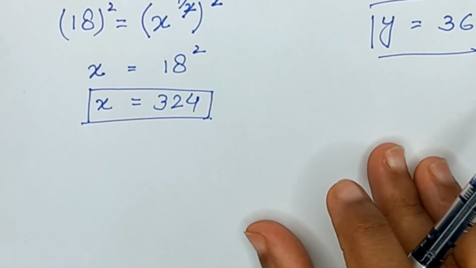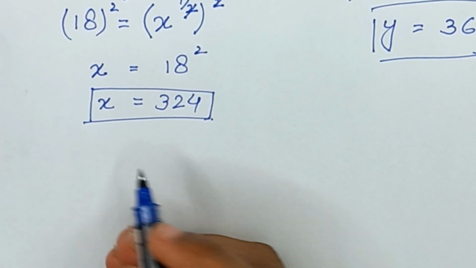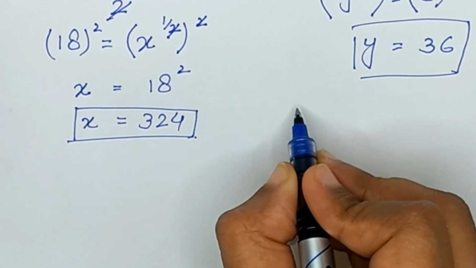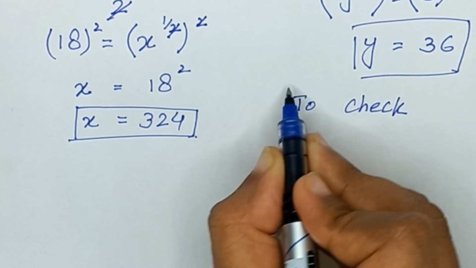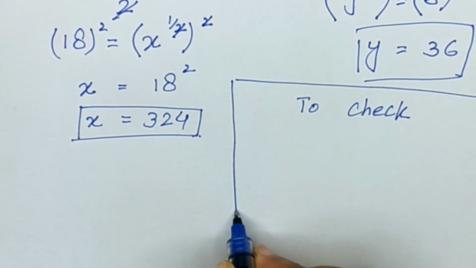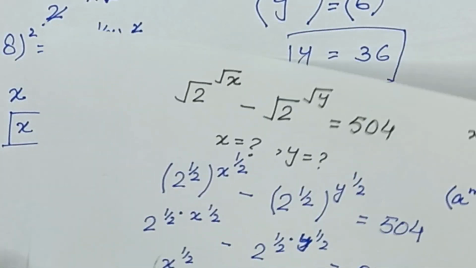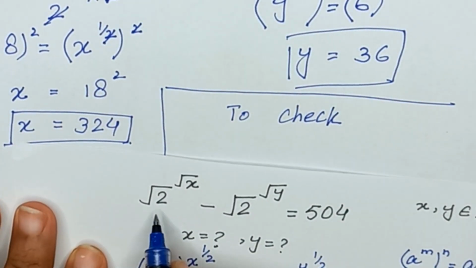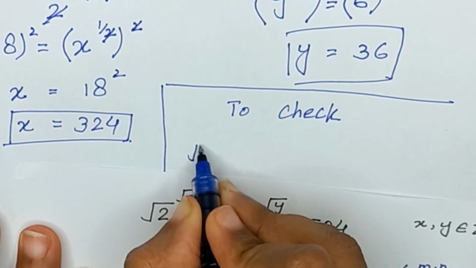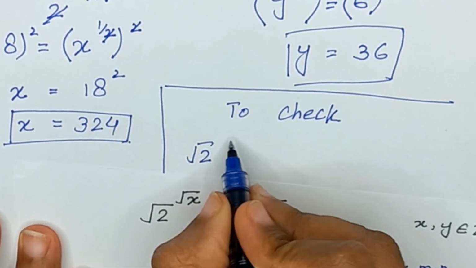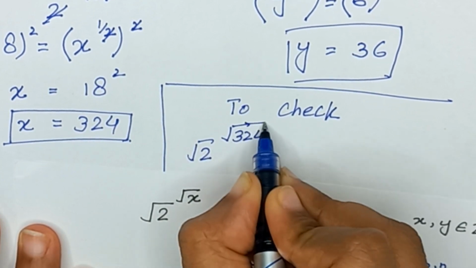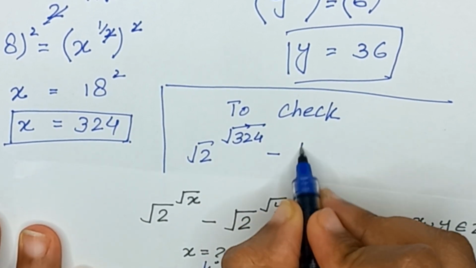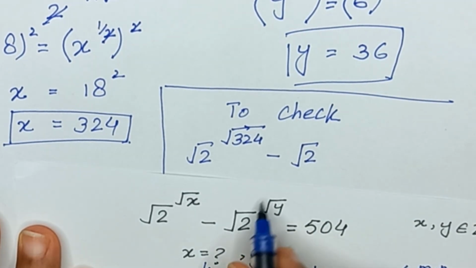Now we will check whether the values of x and y satisfy our given equation or not. So to check, the given equation is square root of 2 raised to the power square root of x, where x is 324, minus square root of 2 raised to the power square root of y.